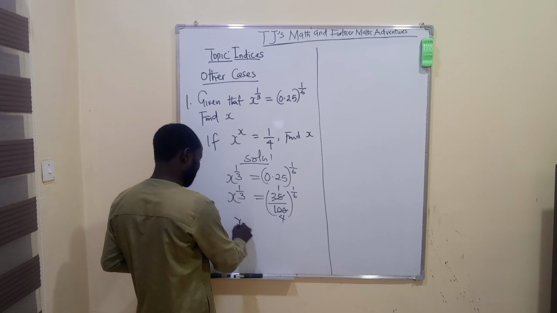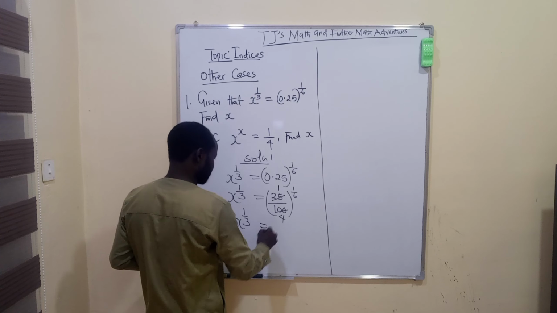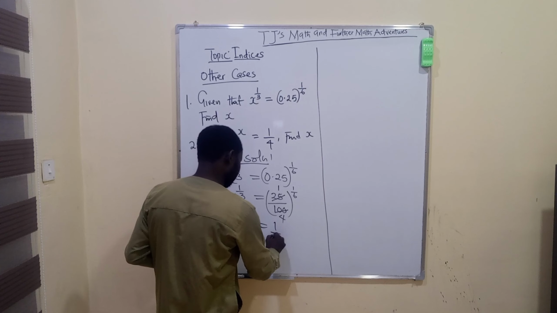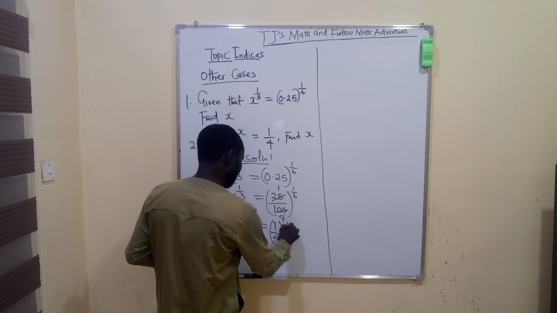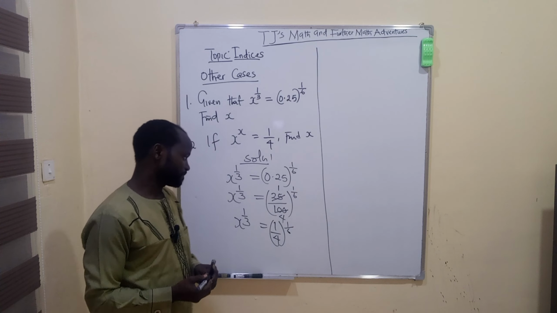So x power 1 over 3 will be equal to 1 over 4 power 1 over 6.